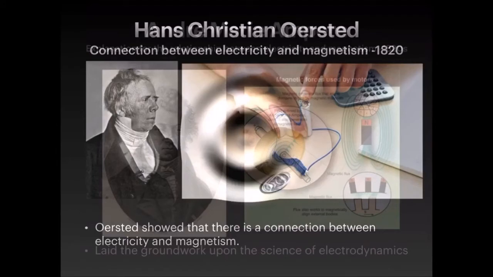Even though Ørsted did an experiment, he couldn't explain the theory behind electricity and magnetism. Ampere attempted to explain it theoretically with the help of mathematics.